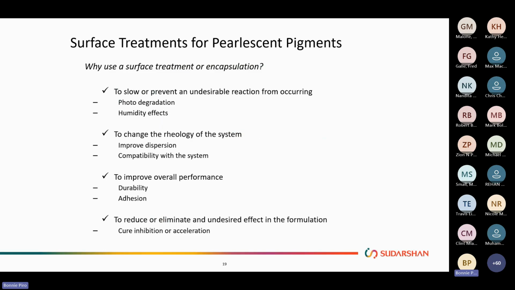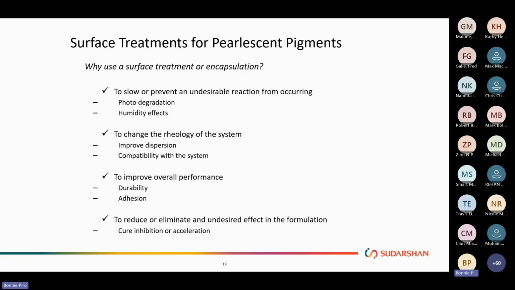So why do we use surface treatments for pearlescent pigments? A number of reasons, and we're ultimately trying to either slow or prevent an undesirable reaction in the final formulation and application area.